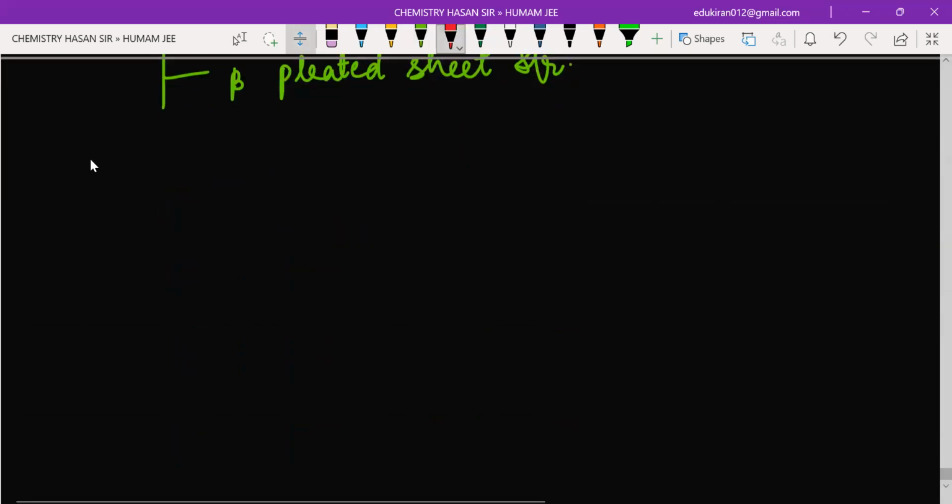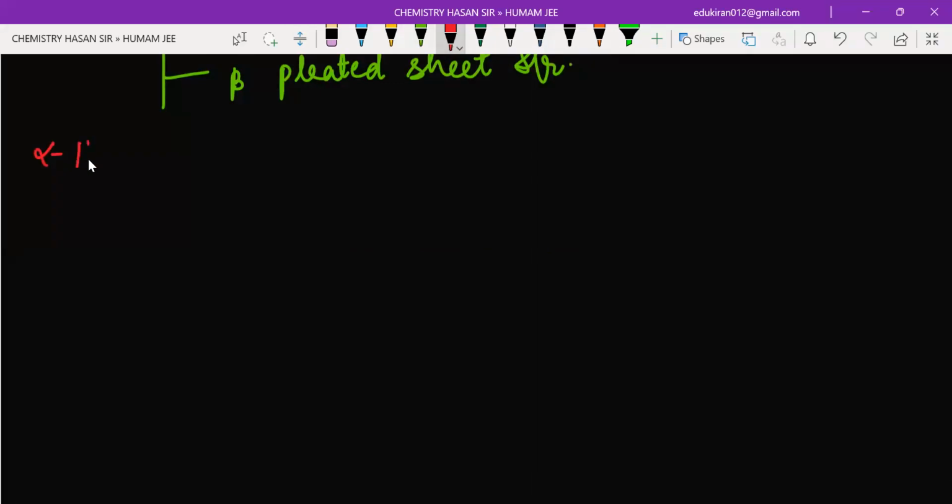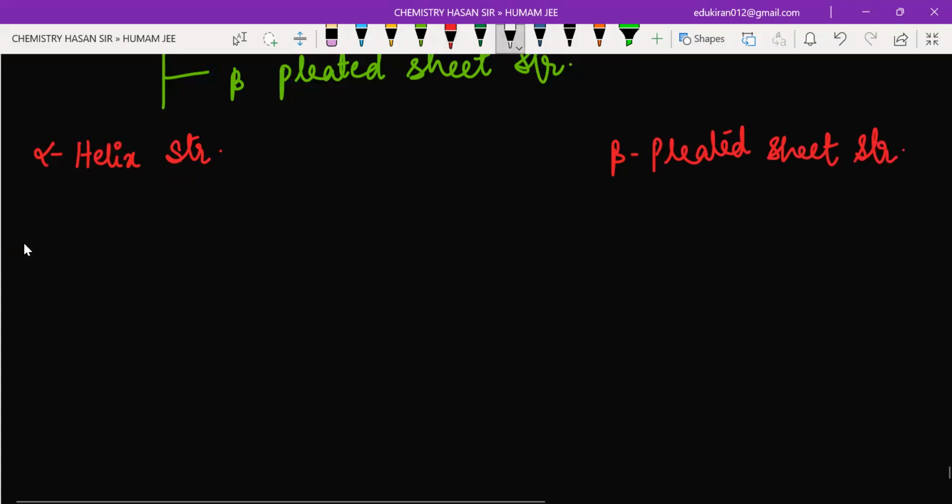Now this is also very easy. Alpha helix structure and beta pleated sheet structure. So we can write a point about this.